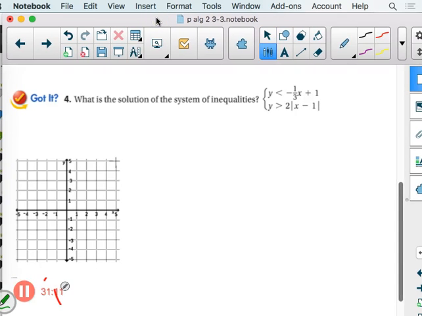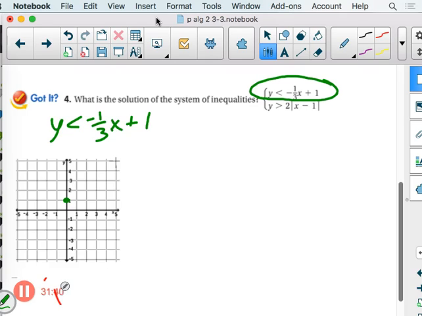All right, let's color code. Top one. How does that one start? Up one on the Y. Negative 1/3.